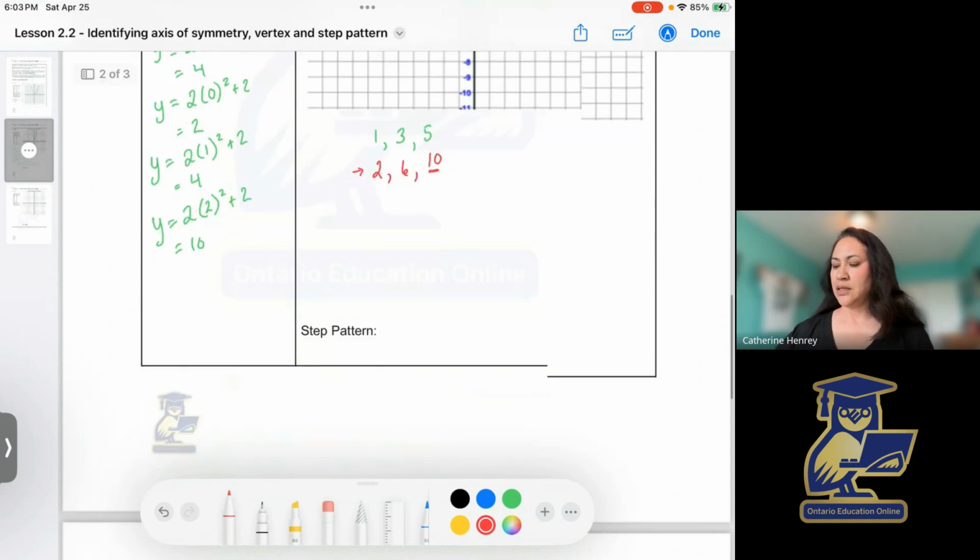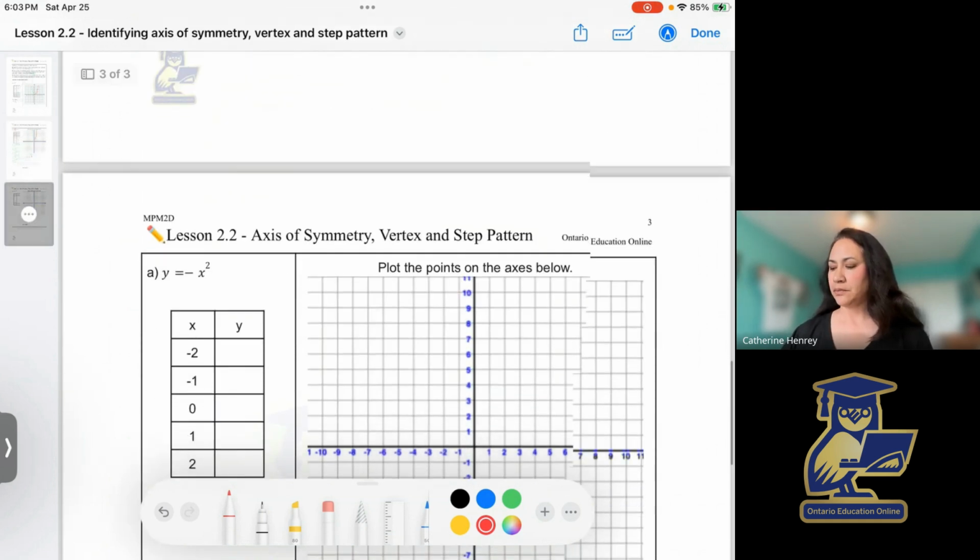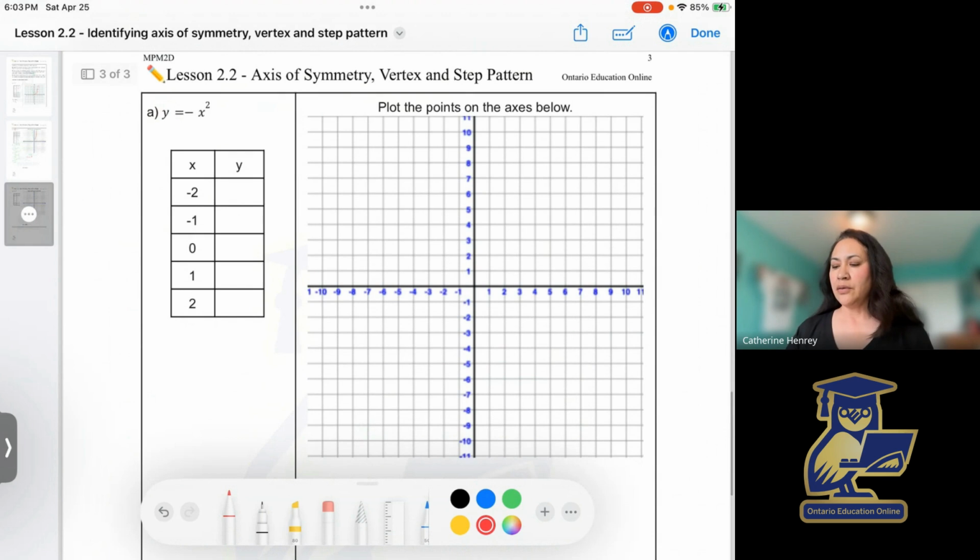Okay, let's take a look at a different example. Here, the difference is the negative value in front of the x squared term. So in this situation, we would have 0, -1, -4 for the y values. And the a right here, or the coefficient in front of the x squared term, is a -1.